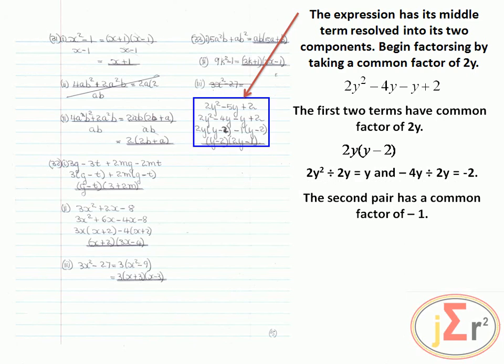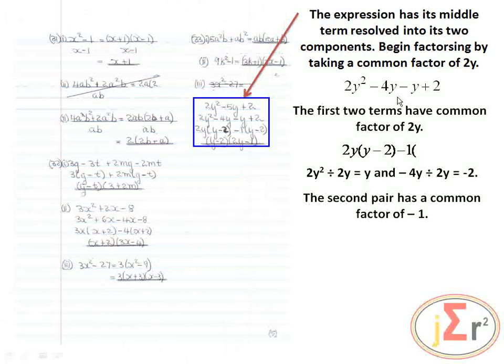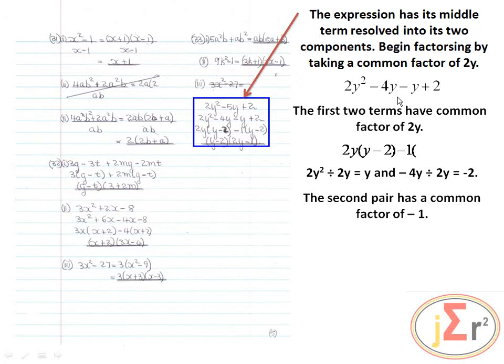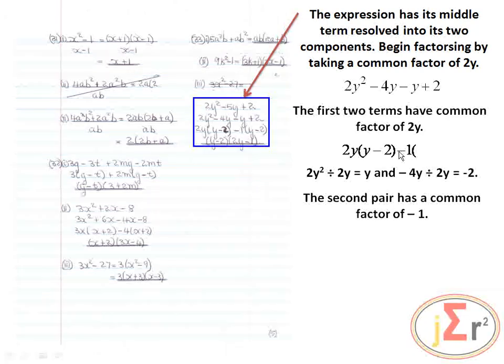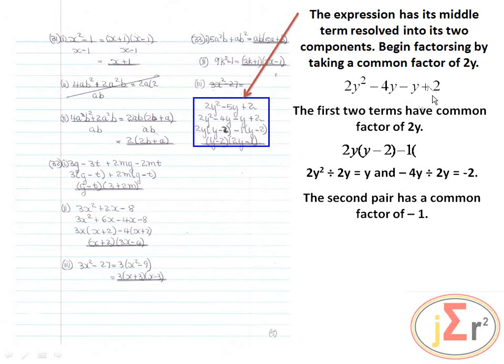The second pair has a common factor of negative 1. Now, we could say a common factor of 1, but we have established a rule of taking the sign that begins the second pair. So we generally have two terms here. The first one in the pair is negative. We take our common factor as negative. So we have a negative 1 there. Negative into negative is positive, and negative into positive is negative.